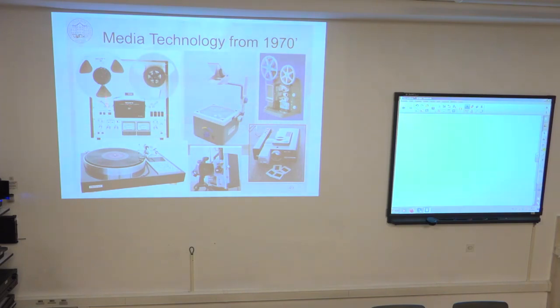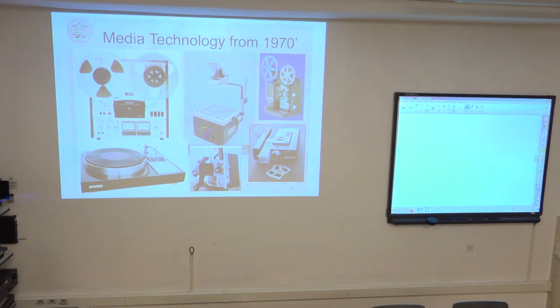So you could record audio on this kind of magnetic tape. You could not record this kind of media because it was only done in the factory. So recording the information on this disk was not possible at home with some recording device.